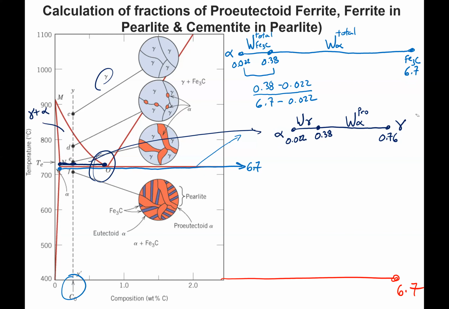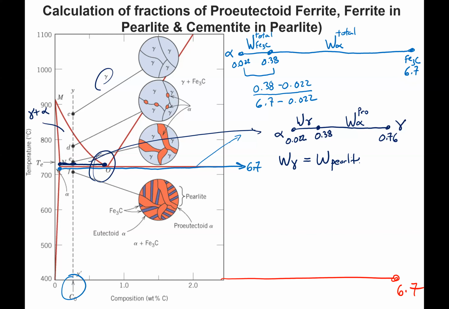Now in the eutectic system, we said that any liquid in this upper tie line is transformed into eutectic structure. So the same analogy holds here, in that any gamma austenite that we have in this upper tie line will turn into pearlite.